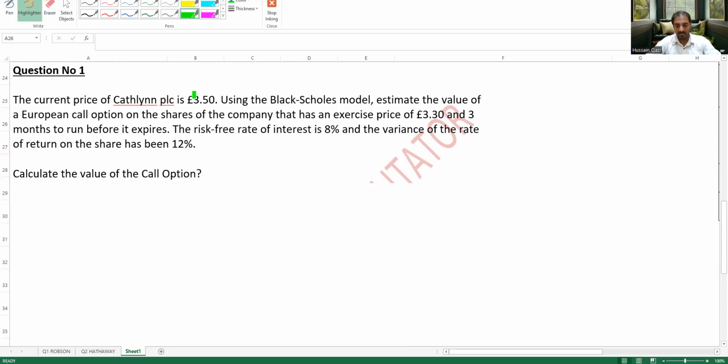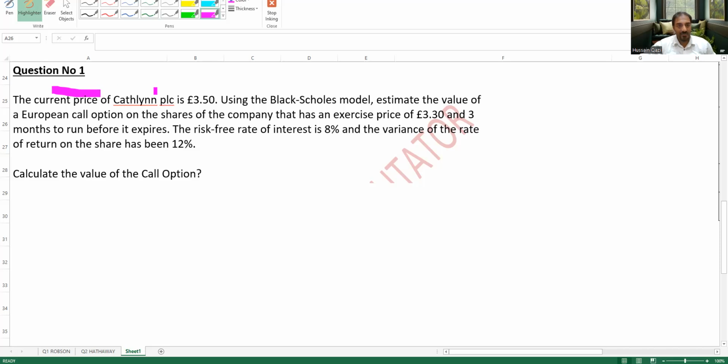Here the examiner says it's a basic question.